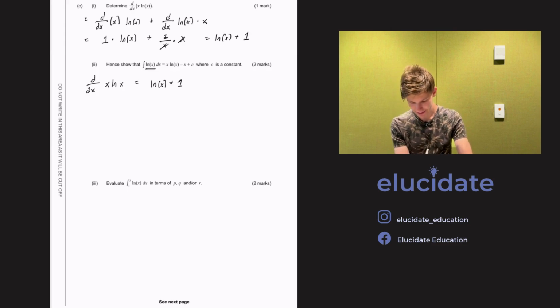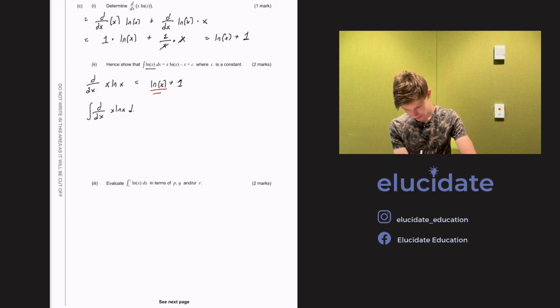Now notice, if we take the integral of both sides, we're going to get an expression that involves the integral of this ln x term right here. So let's do that. We're going to go integral of the derivative of x ln x dx equals the integral of ln x plus 1.